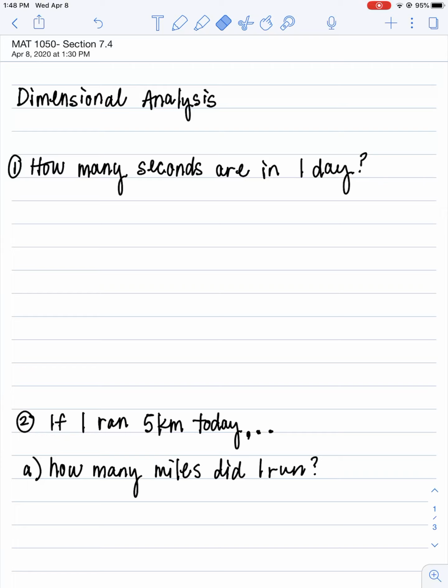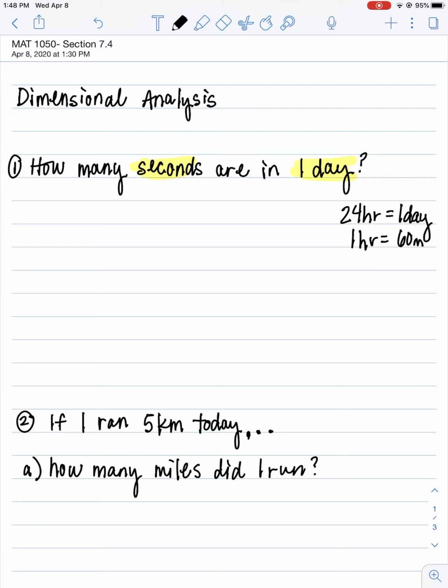So number one that I've already written down says, how many seconds are in one day? Okay, so we're obviously starting with one day, and we want to know how many seconds. So let's talk about what we know about days and seconds. Hopefully we all know that there's 24 hours in one day.